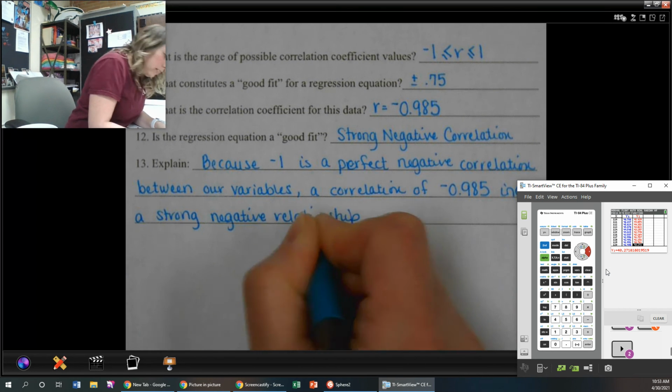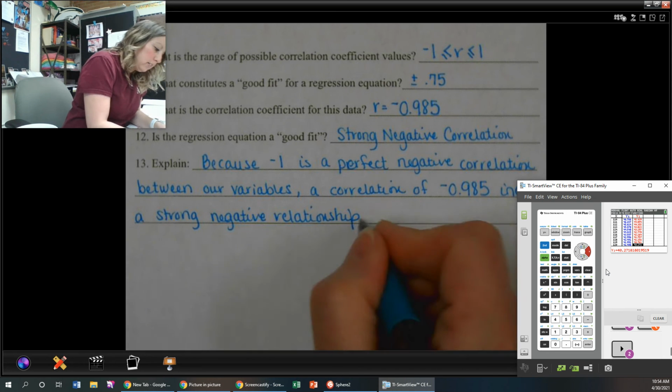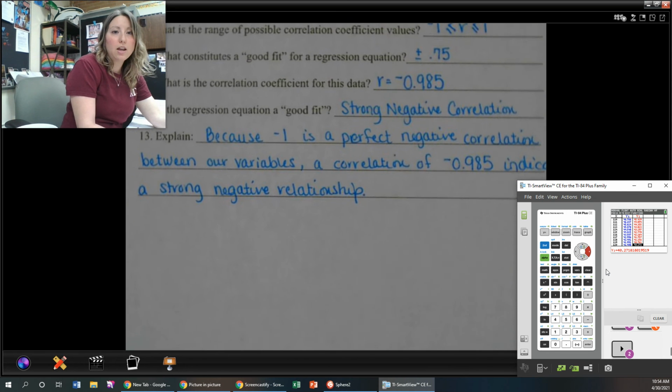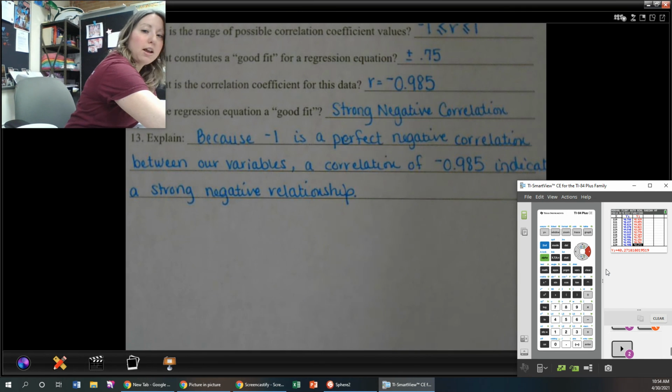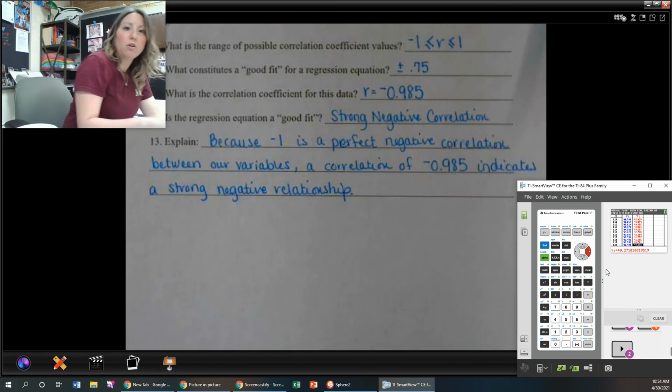As X increases, Y decreases. This is indicating a strong negative relationship. Okay?